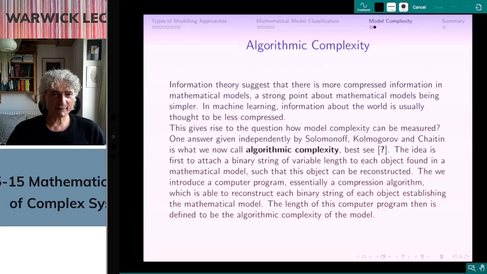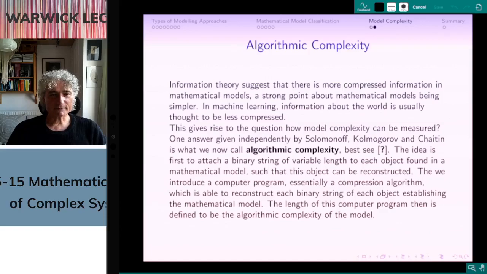For example, if there is a number in the model, then the bit string attached to represent this number is exactly what I mean by attaching information to an object in the mathematical equation. You do that for all kinds of ingredients as we discussed them before.